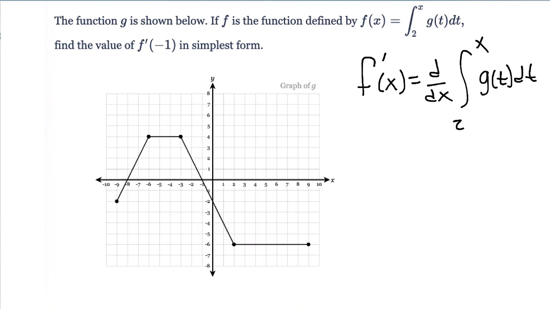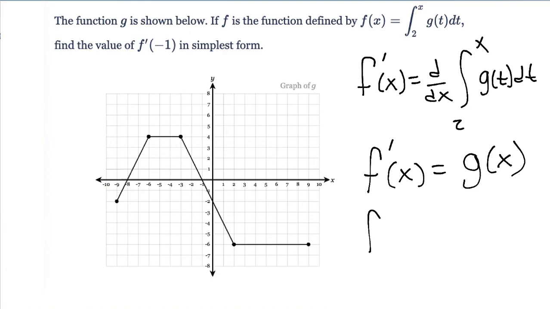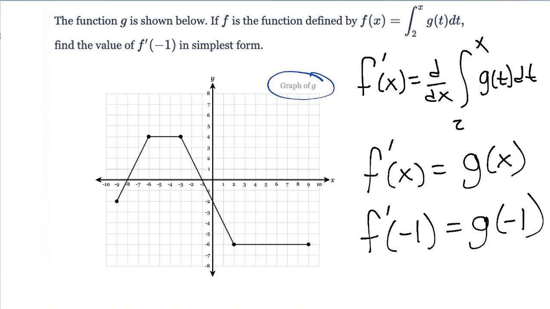Now, if you think about how derivatives and integrals undo each other, then f prime of x must just be g of x. So f prime of -1 is just simply g of -1, and since this is the graph of g, g of -1 is just equal to 0. So in this case, it's just equal to 0.